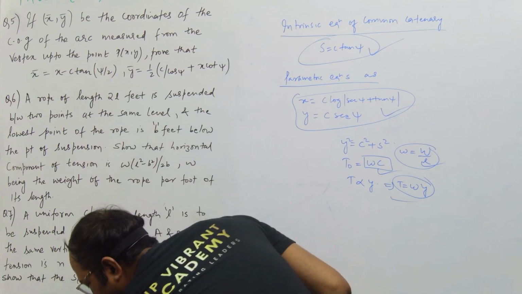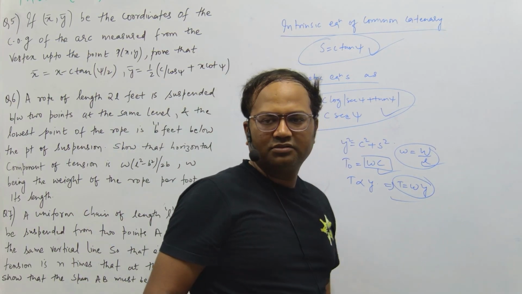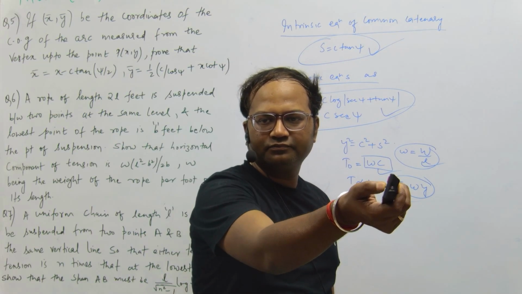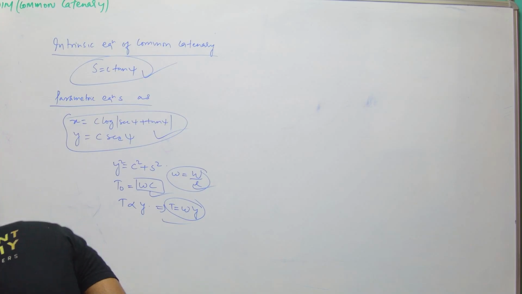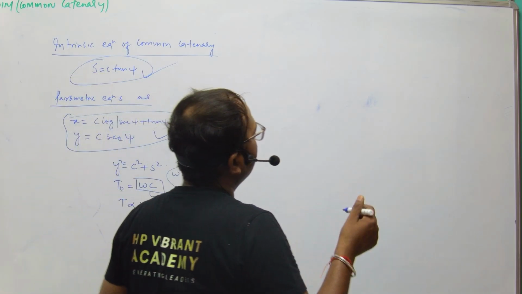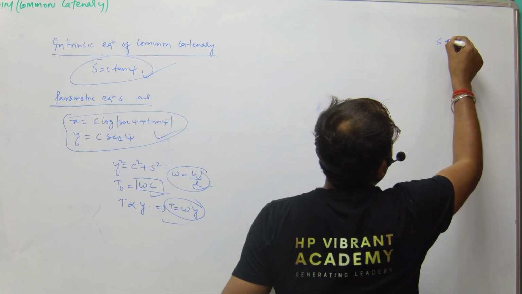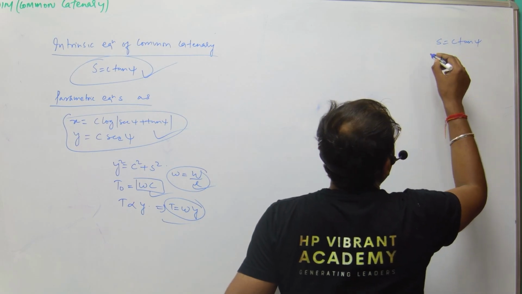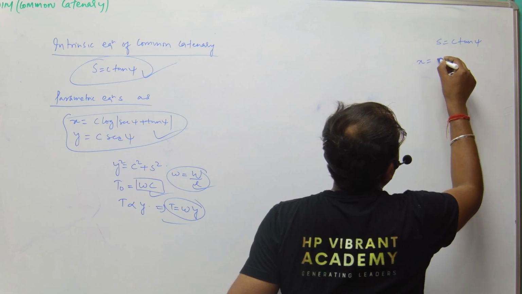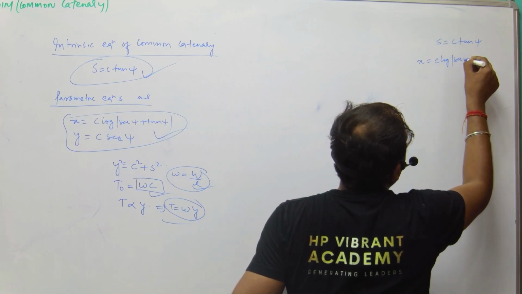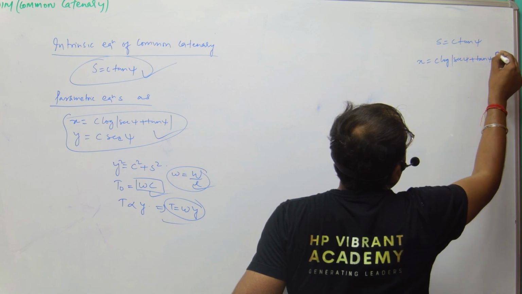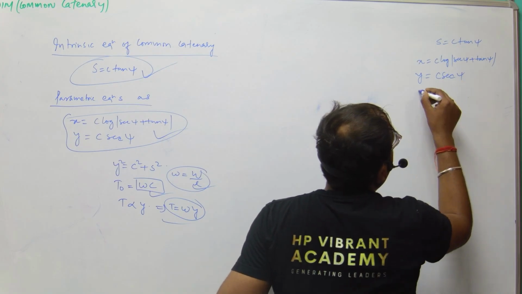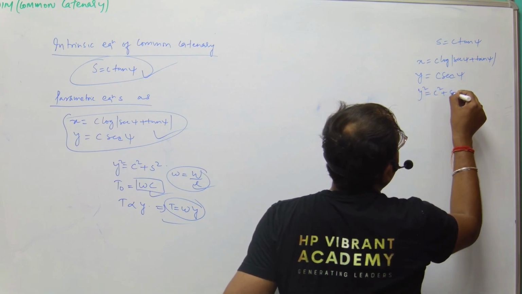Let us write down these formulas here. We have the relations s = c tan psi, and the parametric equations x = c log(sec psi + tan psi) and y = c sec psi, and we have y square = c square + s square.